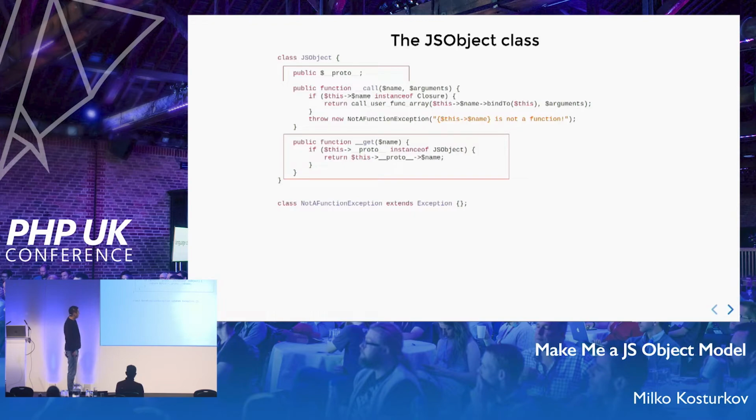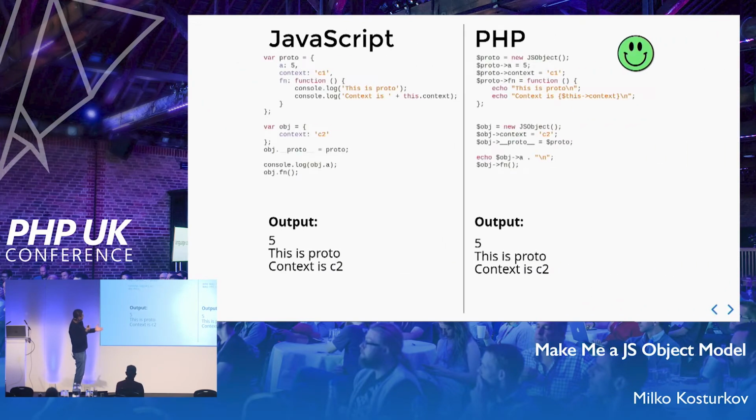And the prototype, because it's an instance of JS object, if it doesn't have the property, we'll do the same thing. And if there's nothing, we just return nothing, because this is what JavaScript would return as well. Undefined, actually. We don't have undefined in PHP. So whatever. We're evil anyway, so we're not going to be pedantically evil. And this works.